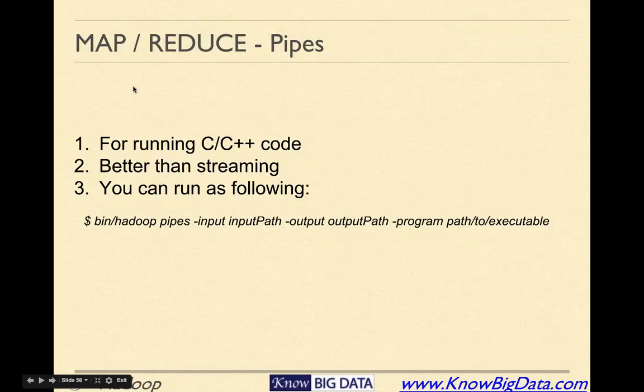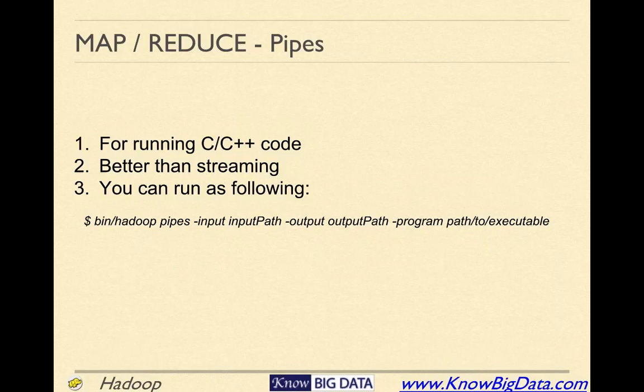All right. So there is another aspect of Hadoop called pipes. If your code is written in C, C++, then you can use pipes. It's nothing but the same MapReduce, just that it's a little bit faster than the streaming.